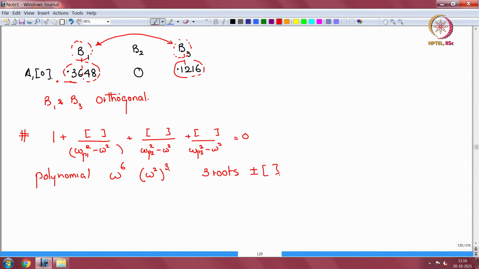So I get 3 roots. What are the 3 roots? I get omega P1 nu, omega P2 nu and omega P3 nu, and each of these solves this expression.